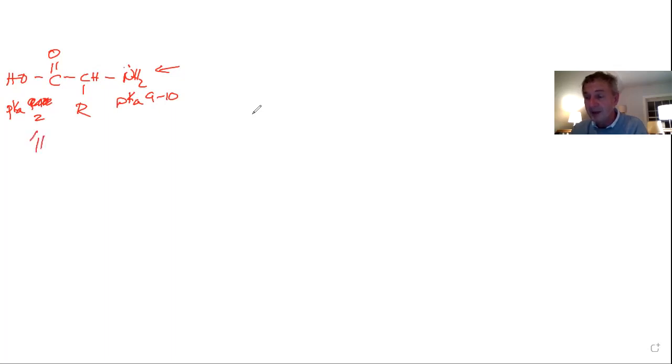And it means that in a very small amount of acid, conditions that are considered acidic, this carboxylic acid quite quickly deprotonates. So what do I mean? What I mean is at pH of 1, both of these are protonated.